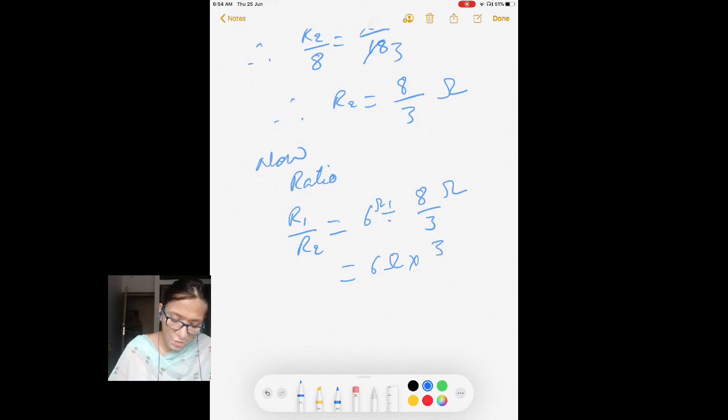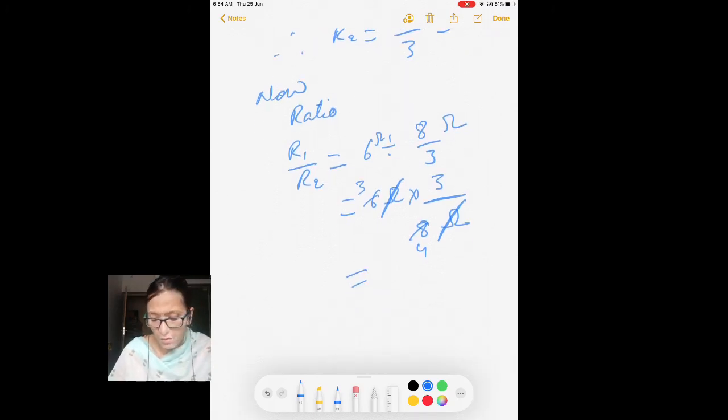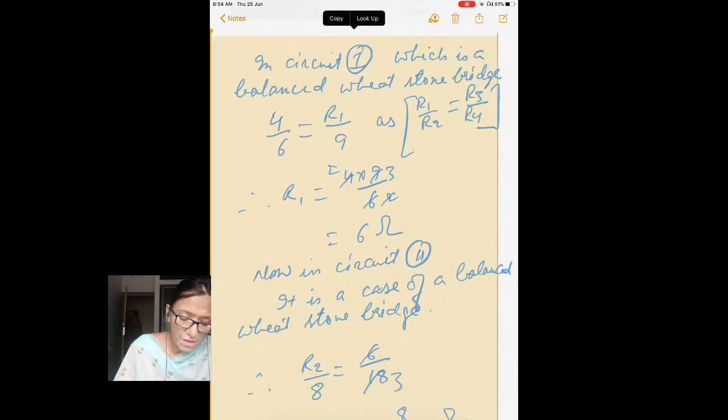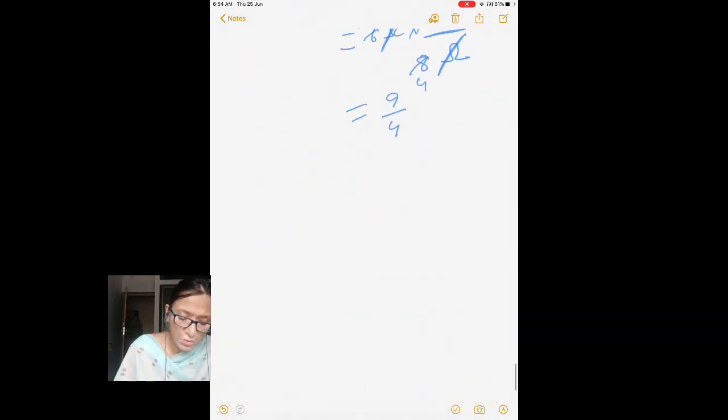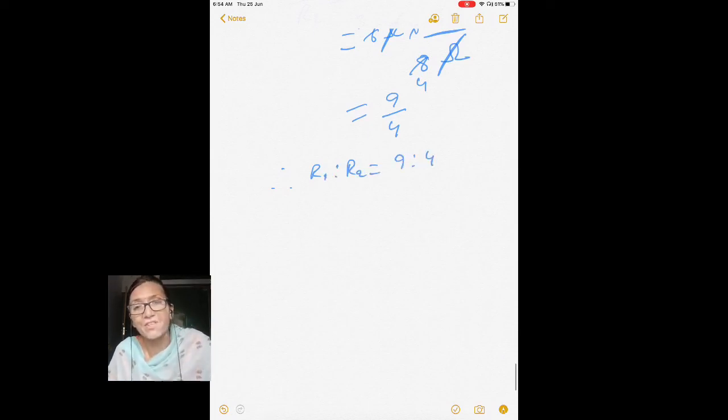Here ohm is cancelled, and 2 3s are 6, 2 4s are 8. So 9 upon 4. So the ratio comes equal to 9:4. Therefore, R1 is to R2 is equal to 9:4. Answer. So this is how you will be doing the questions.